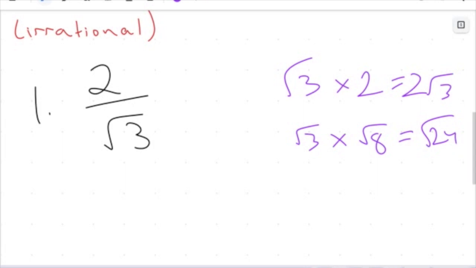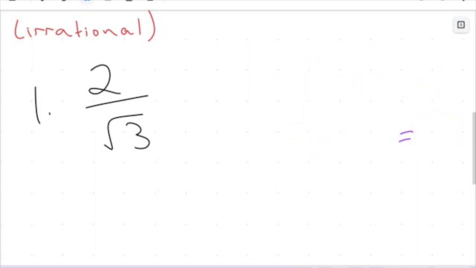You can have a play around with this if you want, but if you put all of these into your calculator, you're going to get some decimal point with no pattern, no recurring theme at all. But there is actually one number that we can multiply root 3 by in order to make it a rational product. And we talked about this in the previous video a little bit.